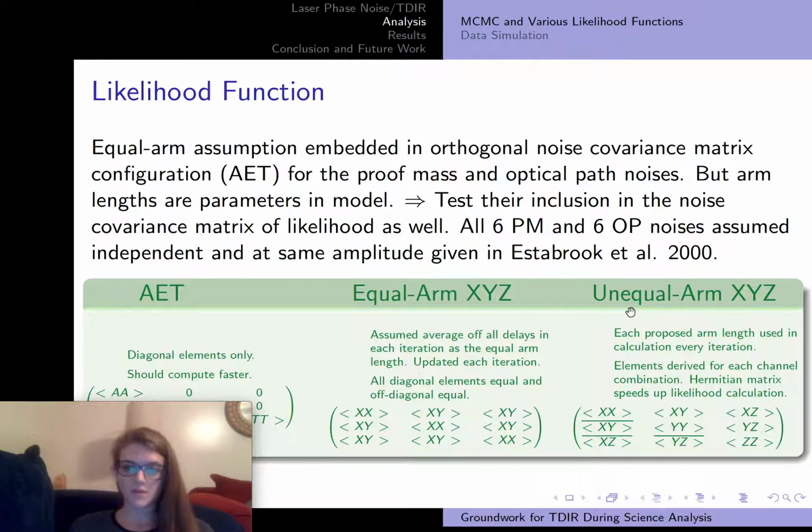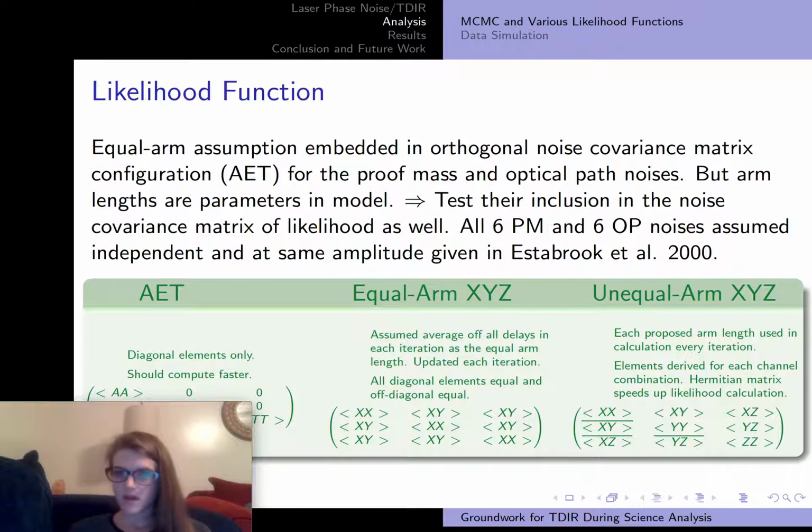And then there's also just the full-blown unequal arm XYZ. This is also not as bad, because when you write all this out, you end up with a Hermitian matrix. And this one also gets updated every time, and every proposed arm length parameter gets updated in the noise covariance matrix.